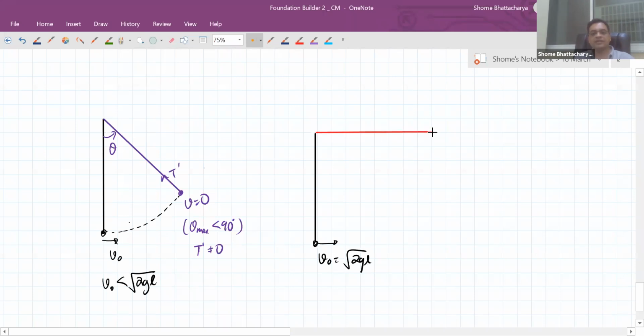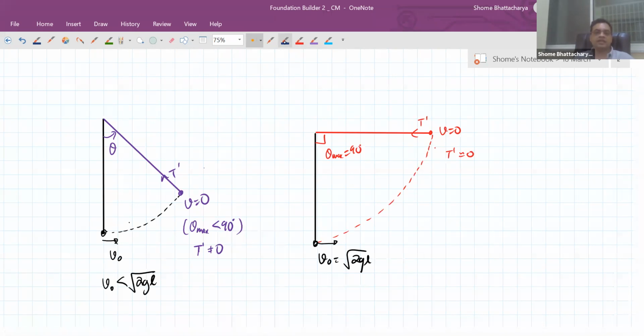But when it reaches the 90-degree position, at that point, it will be at momentary rest. v will be equal to 0 at maximum angular displacement of 90 degrees. And again, momentarily at that point, tension will be 0 because there's no centripetal thing. Means tension will be 0, tangential acceleration will be g downwards. Okay. Here the tangential acceleration will be g sin theta in this direction.